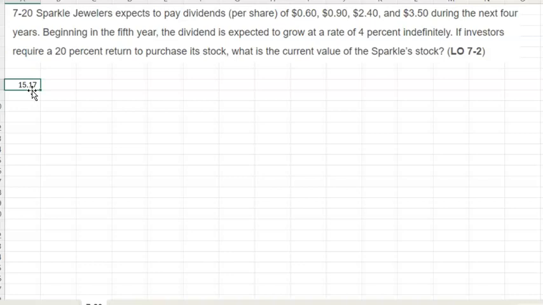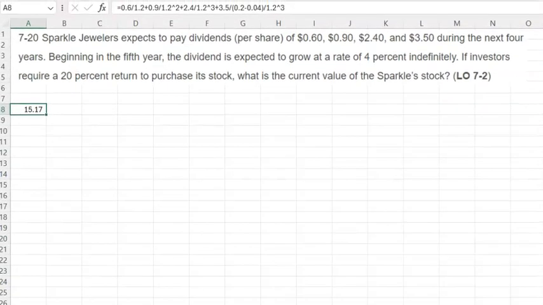Let me move this up so you can actually see everything I typed into the calculator right here. You would enter it into your graphics calculator exactly the same. The only thing you wouldn't have to do is press equals on your graphics calculator.